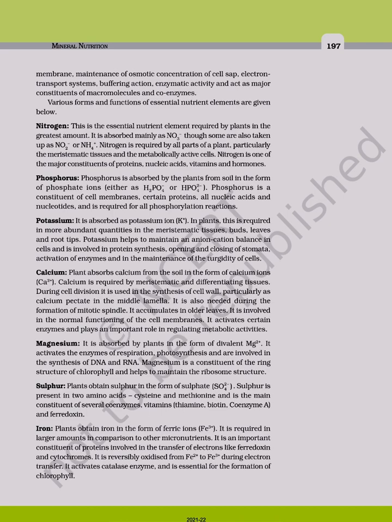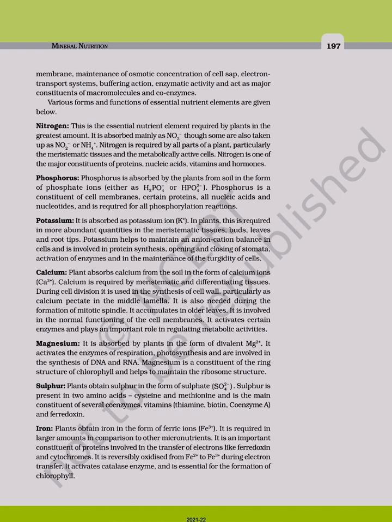It is also needed during the formation of mitotic spindle. It accumulates in older leaves. It is involved in the normal functioning of the cell membranes. It activates certain enzymes and plays an important role in regulating metabolic activities.